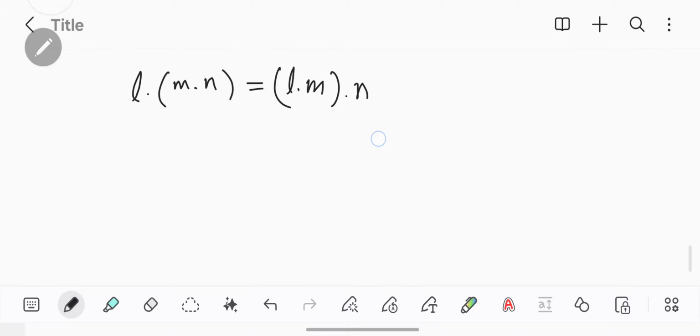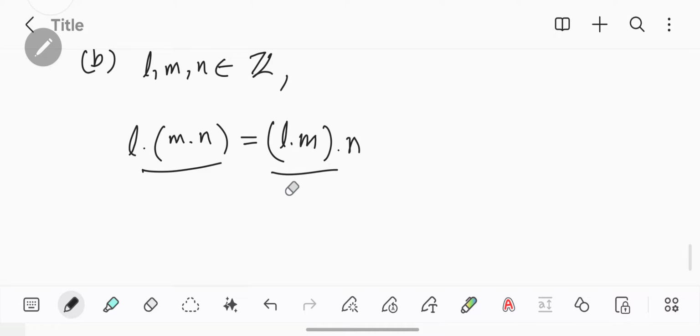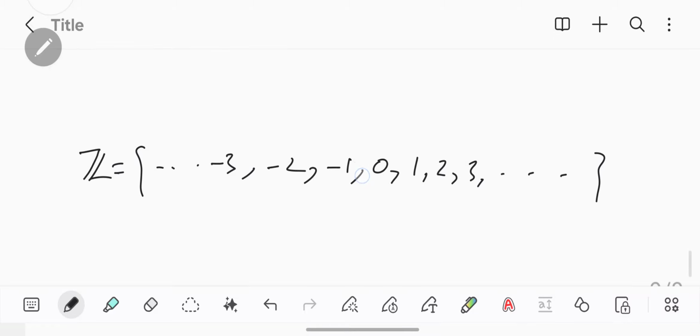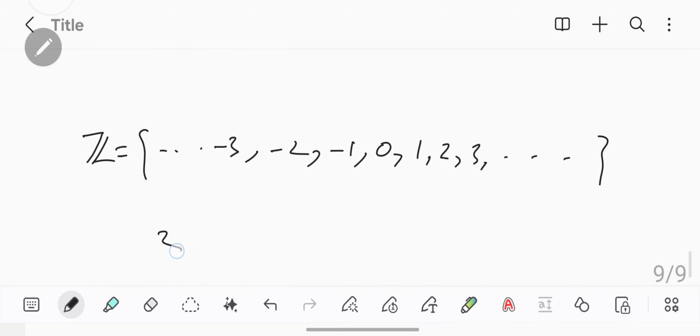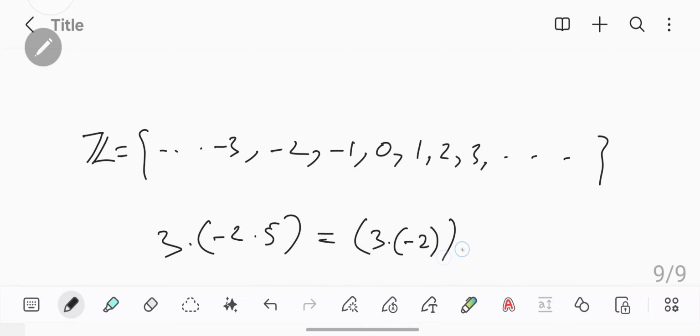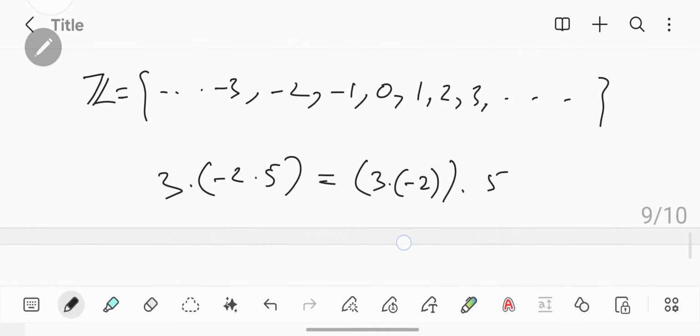It's very clear from the context because all of them are integers. So the associativity holds. For example, if you take 3 times minus 2 times 5, what does that mean?